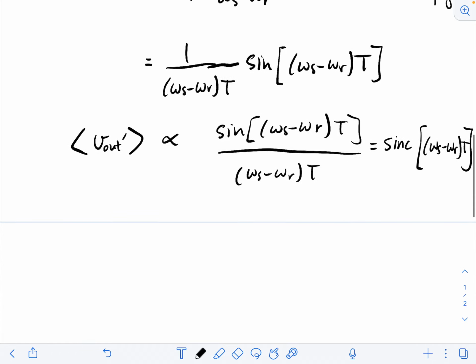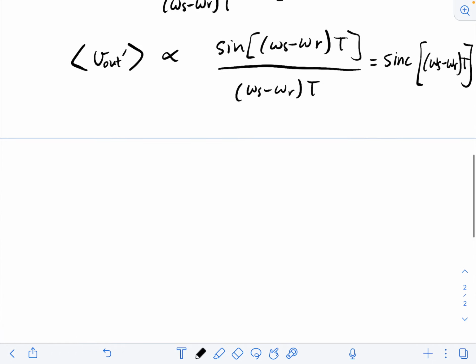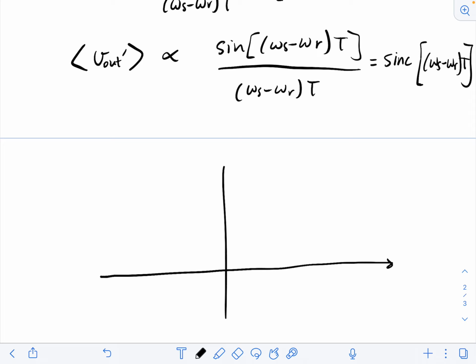Okay, so we could plot this function. We'll have an axis. The horizontal axis is going to be omega s minus omega r times T, and the vertical axis will be the sinc function.